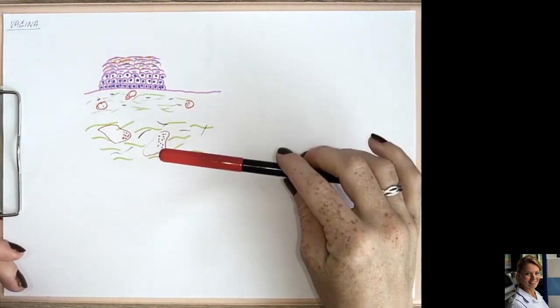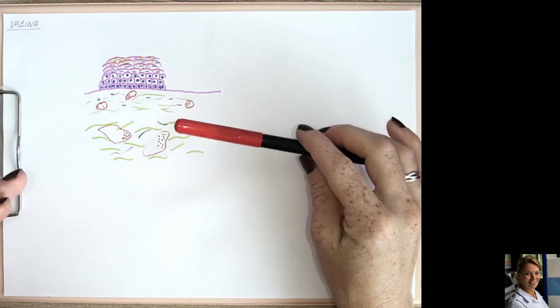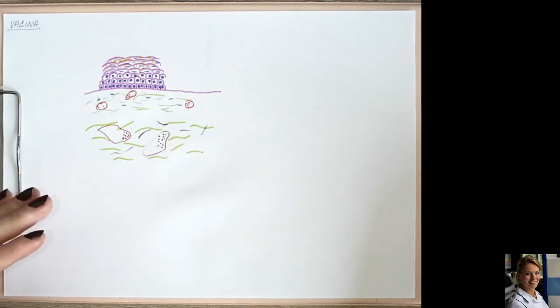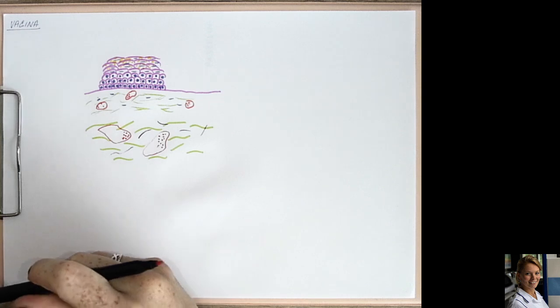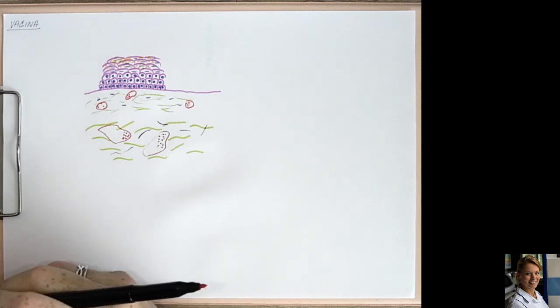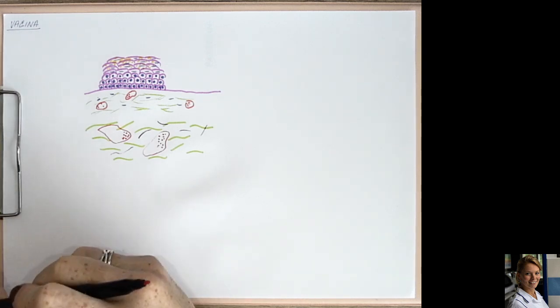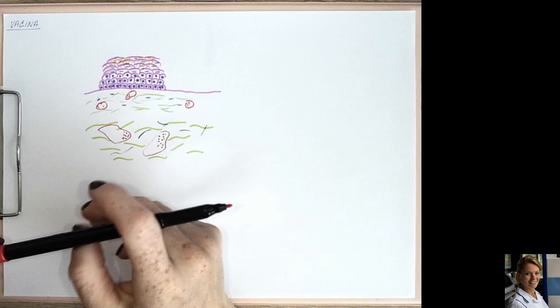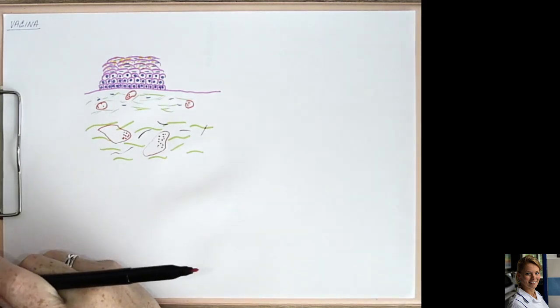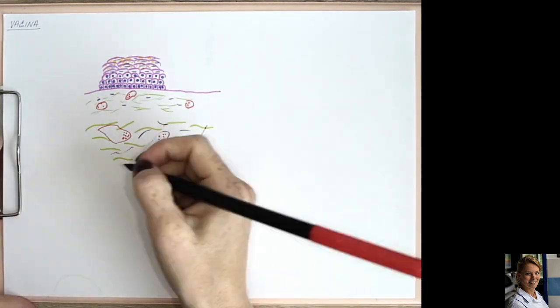So this is submucosa, spongy layer, and another layer is muscular layer, which is composed of two layers of smooth muscle cells, sometimes indistinct layers.